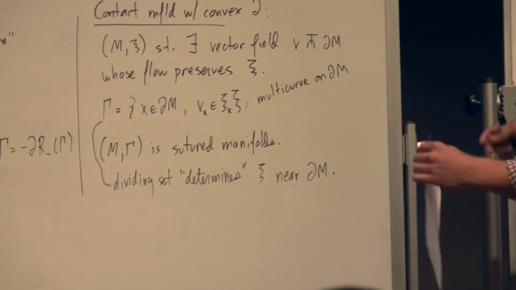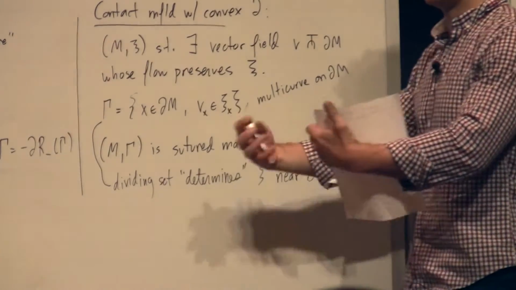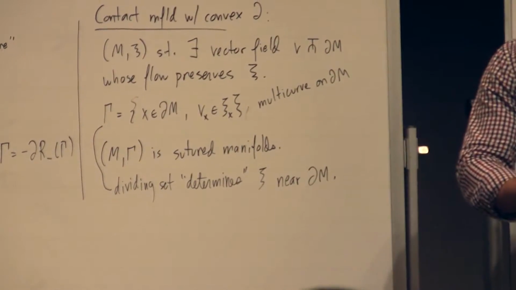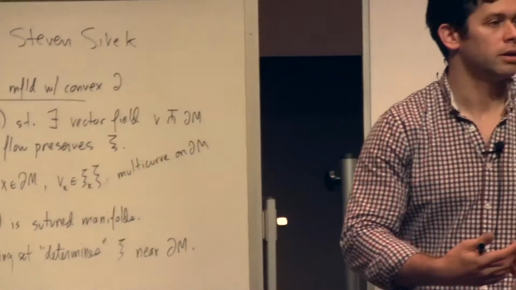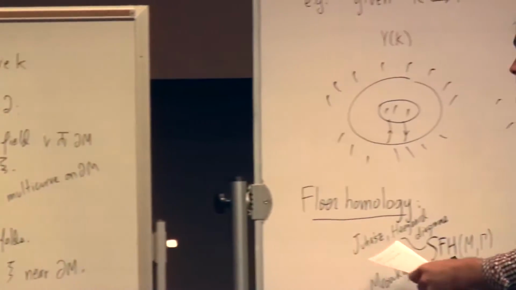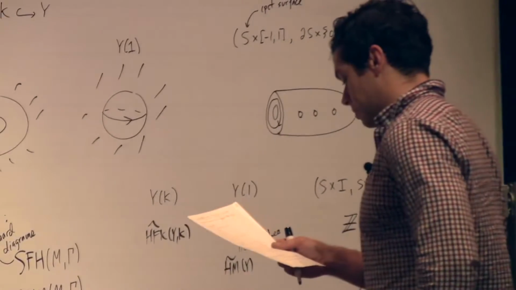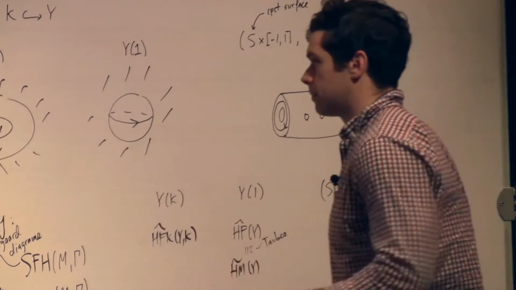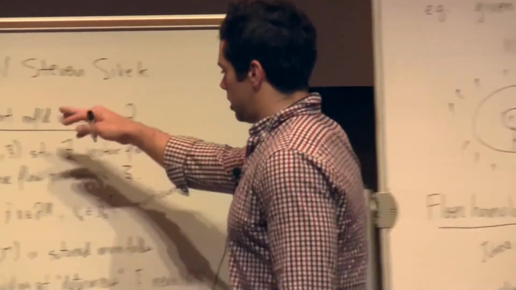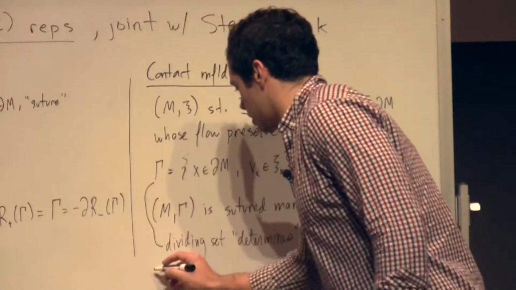As long as you glue in such a way that the dividing sets match up, then you know that your gluing is a contact geometric gluing. So that's the nice thing about studying contact manifolds with convex boundaries. Okay, and so we'll generally encode this information in a triple.